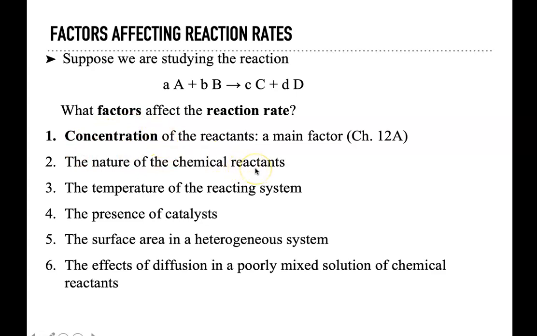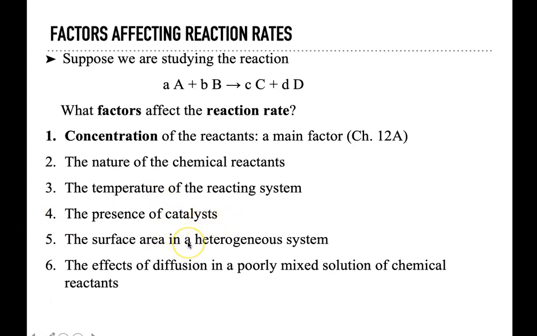There are other factors: the nature of the chemical reactants, their orientation, their chemical bonding, single bonding, double bonding, triple bonding. Temperature also plays an important part. As the temperature goes up, the particles move faster with more kinetic energy and collide more frequently, so the reaction goes faster. Catalysts make the reaction go faster.